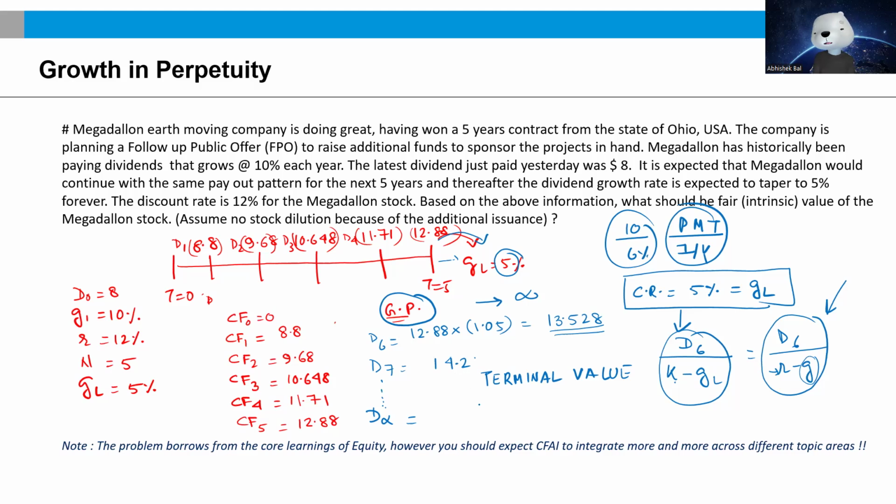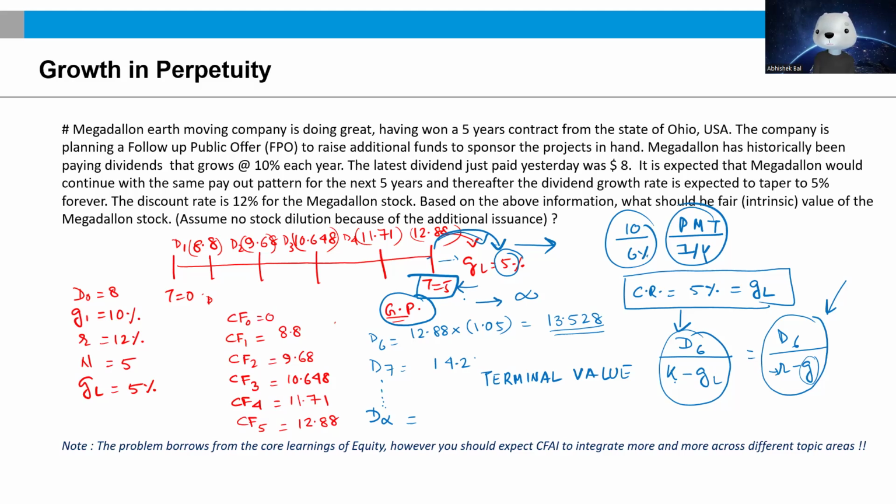So the terminal value could be represented as value at time period 5. Why value at time period 5? Because we're taking one period ahead from here, where the infinite time series would start. So we obviously need to discount whatever value we are getting at D6 appropriately for one period behind only, just a period before that.